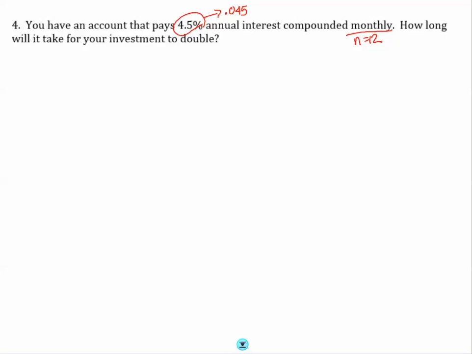It just tells us that we want to look at how long it'll take for our investment to double. So I'm going to assume that I put in $1. And if it doubles, then the final value would be $2. And you can pick any number that you want for this, but using 1 and 2 is the simplest way to do this. Then I'll plug everything in.